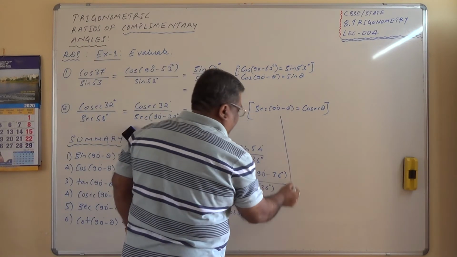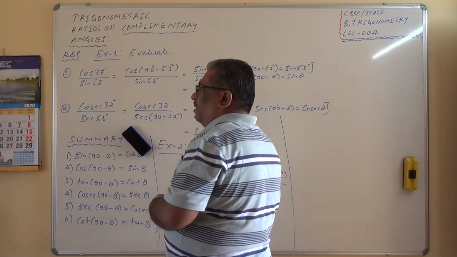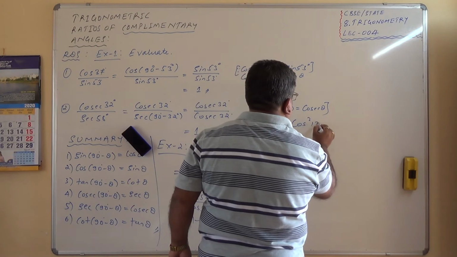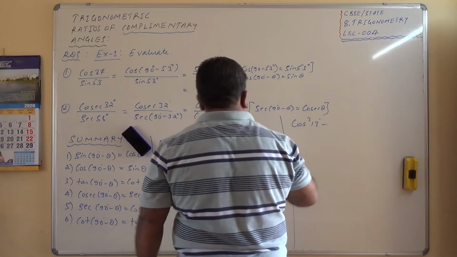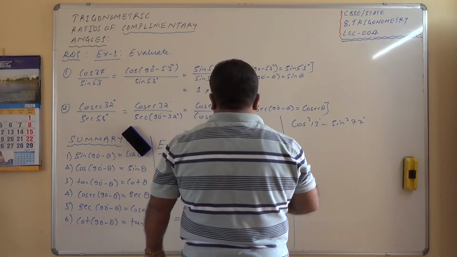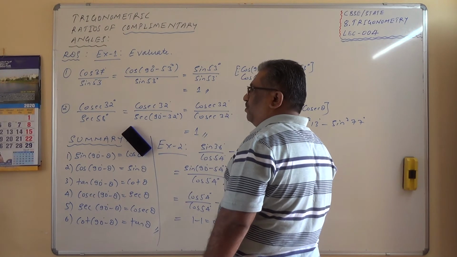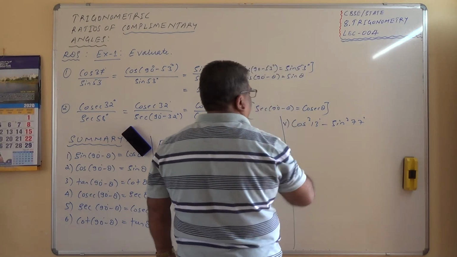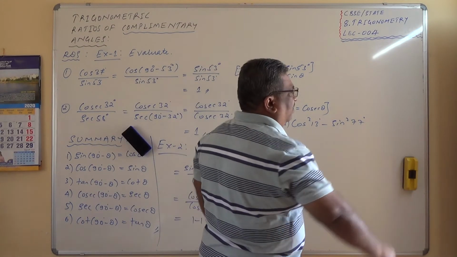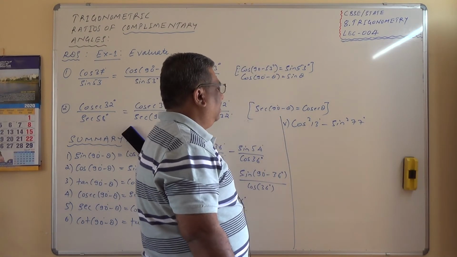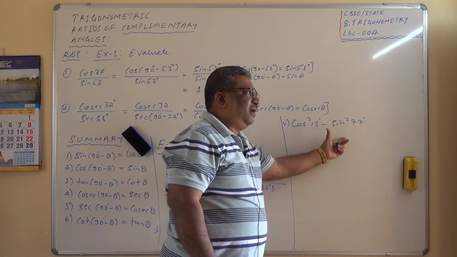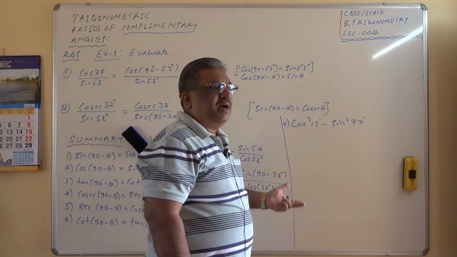Let me take a few more numericals. Next one: cos square 13 degrees minus sin square 77 degrees. What is the value of this? This is example number 2, question number 5. Here 13 and 77 are complementary angles. I would like to change either cos square or sin square to the respective complementary, and not both.